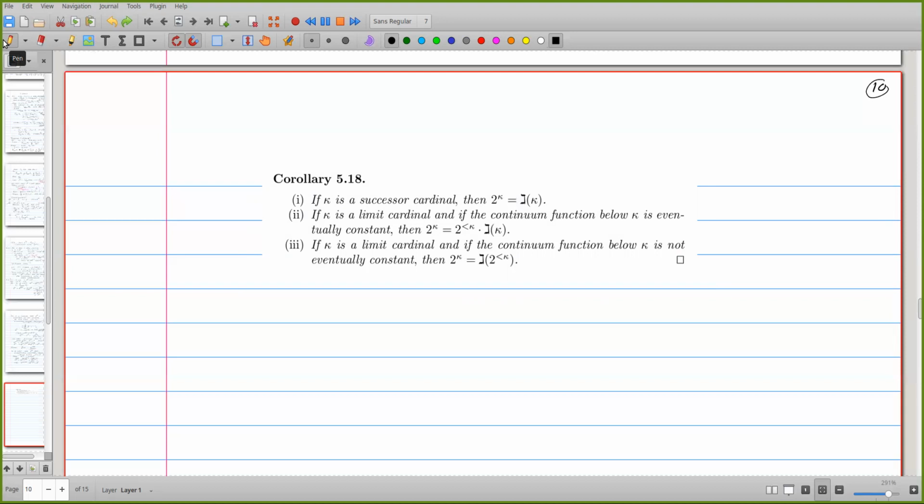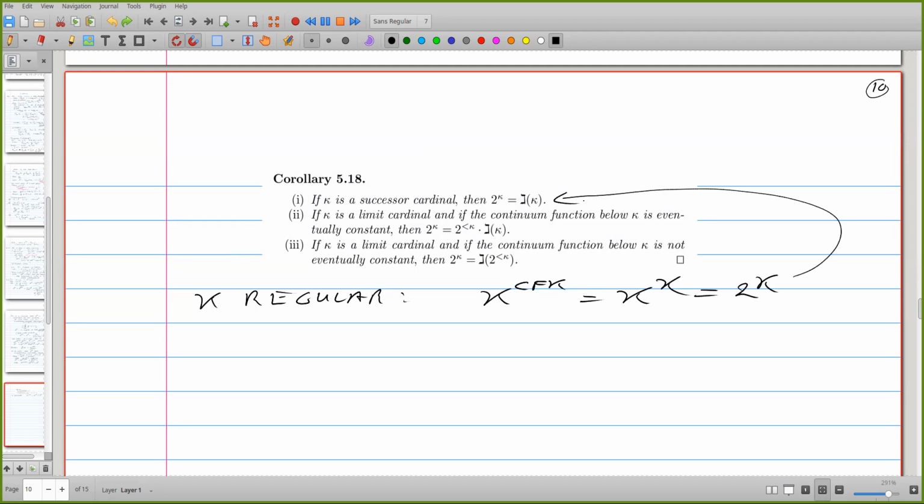Here is a summary of what we can say about 2 to the kappa. And the one thing that you have to realize, if kappa is regular, then kappa to the cofinality kappa is just kappa to the kappa, which is 2 to the kappa, and that'll tell you that this is true, because the Gimel function is just 2 to the kappa if kappa is a successor.